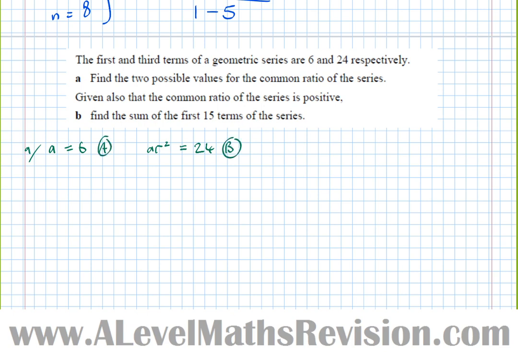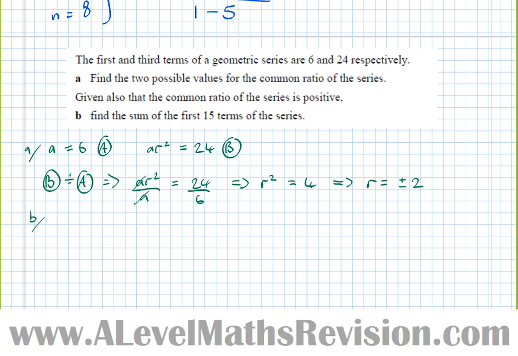So take the one with the highest power of R, then divide it by the other one. B divided by A implies AR squared over A equals 24 over 6. They cancel to give R squared equals 4, which means that R is equal to plus or minus 2.